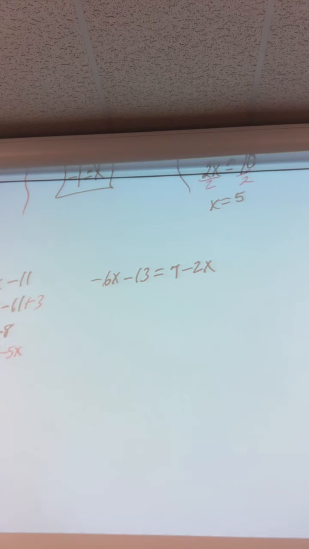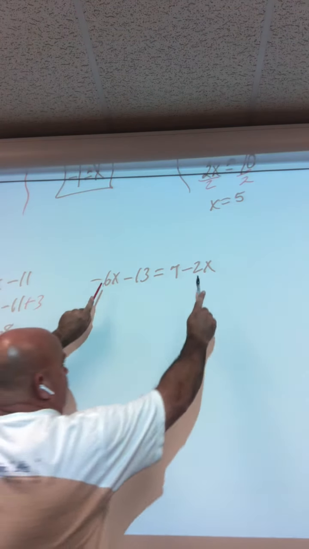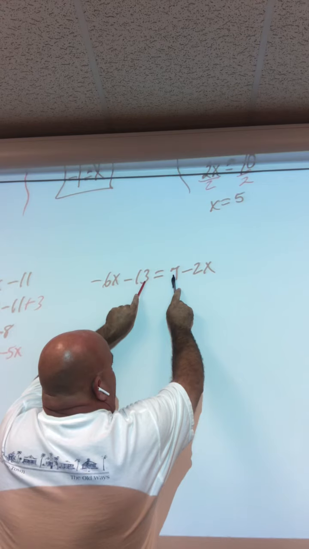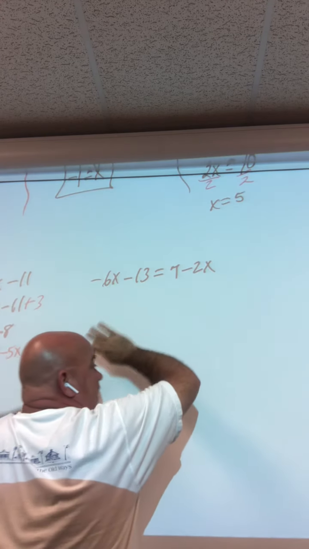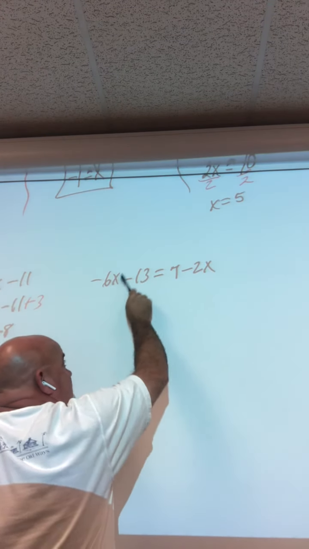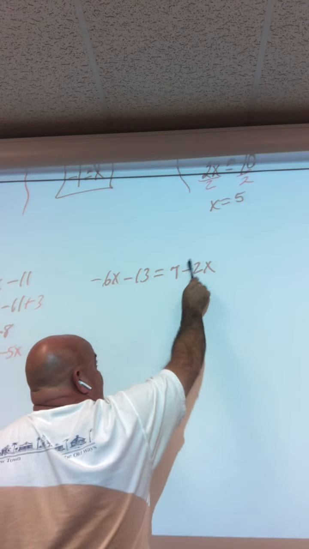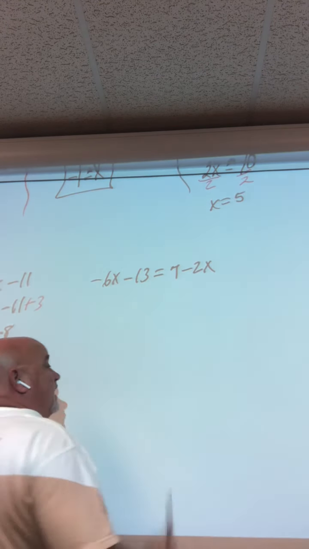Negative 6x plus minus 13 equals 7 minus 2x. All right, this is a two-step problem because I have variables on both sides, numbers on both sides. So I like to get the numbers on the right side. So this number right here has got to get on this side. This variable term has got to get back on this left side.